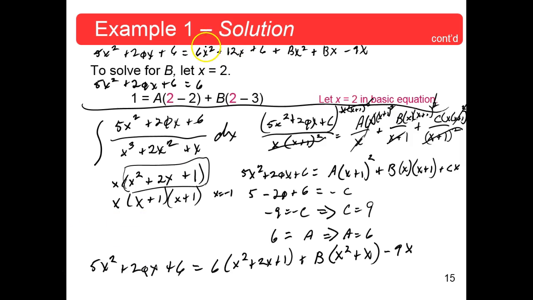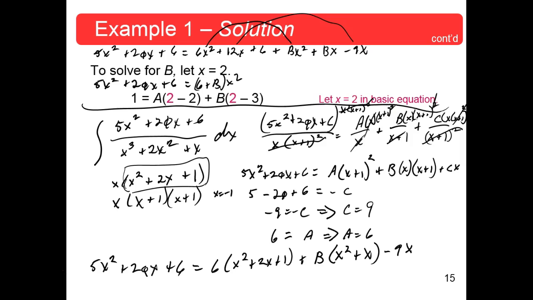Okay, here we have an x squared term, there we have an x squared term. So that's 6 plus b times x squared, right? And then we have a 12x minus 9x would be, anybody? Help me.